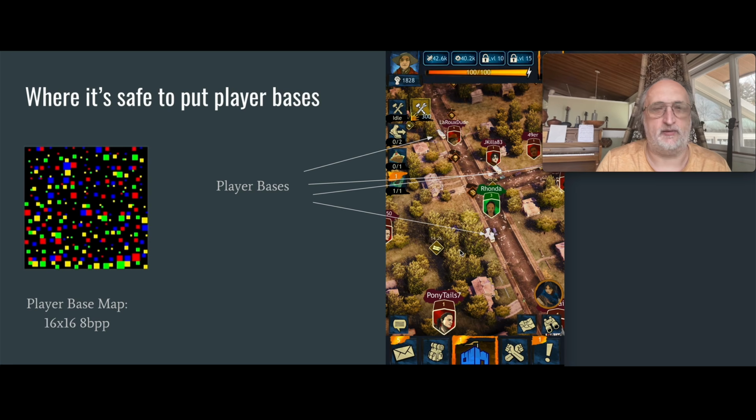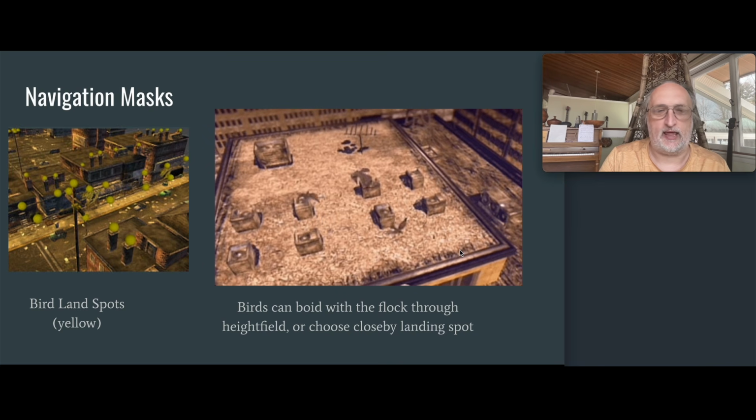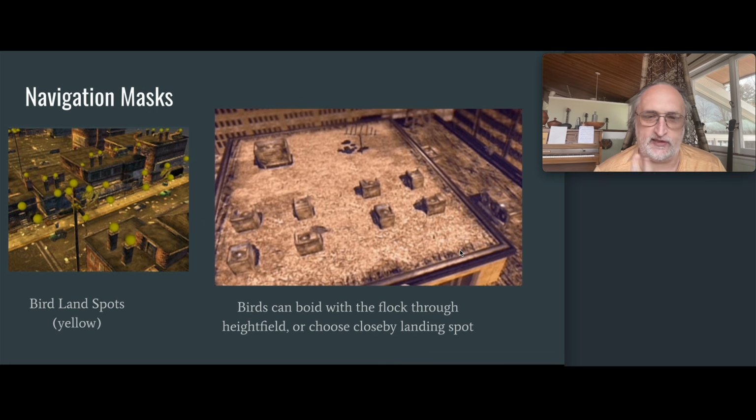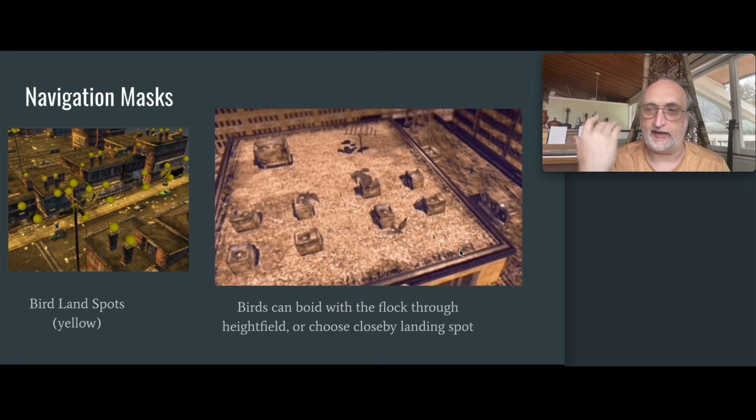Another example, player bases. Because all this data around our game is being packed so tightly, we can afford to do more with it. And so for fun, we wanted birds in the level, and I did a whole flocking system for the birds flying through the level, and they fly through that height map that I had earlier.